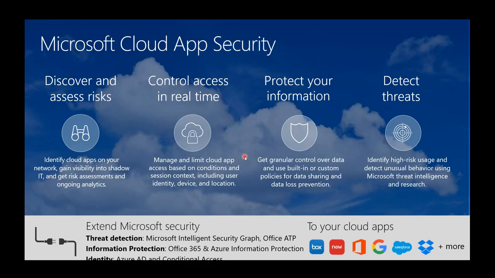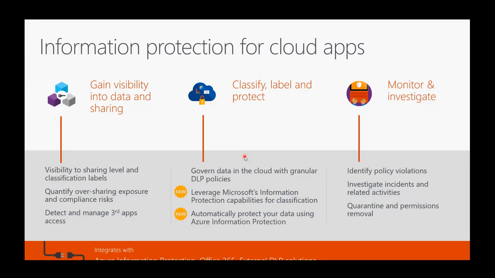Remote working today becomes the most in-thing to be done, and a modern workplace with all of these security and compliance features in place becomes equally essential to be driven and taken care of. With information protection for cloud applications, you can gain visibility into the data and the sharing that the user is doing.